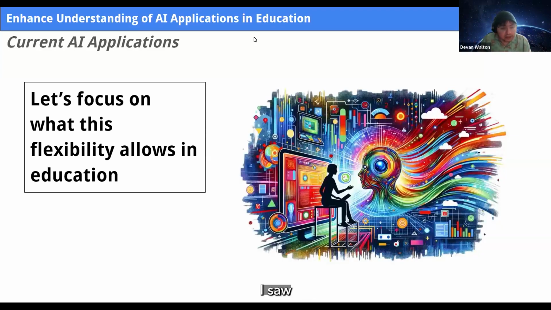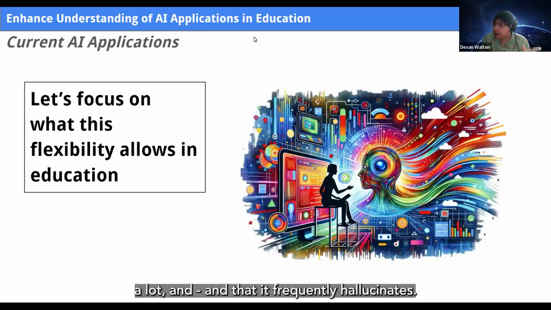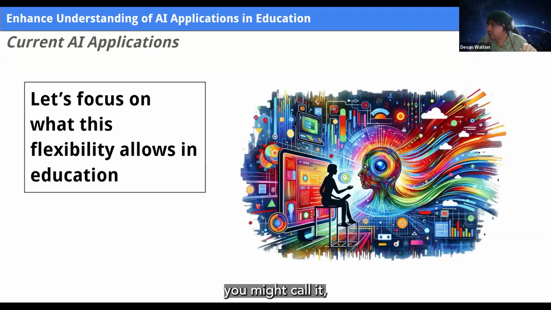I saw somebody in the chat mention that they used ChatGPT 3.5 a lot and that it frequently hallucinates. And it is true that some of these lower parameter models like ChatGPT 3.5 do have a very high error rate, you might call it, when it comes to generating content.